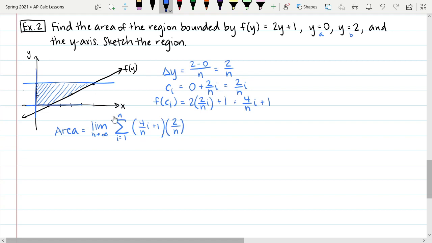Now notice, once I put it in this summation, it doesn't even refer to the fact that this was in terms of y to start with. And the reason for that is this region could just as easily have been discussed in terms of x. I could form a region the exact same size and shape using a function in terms of x.